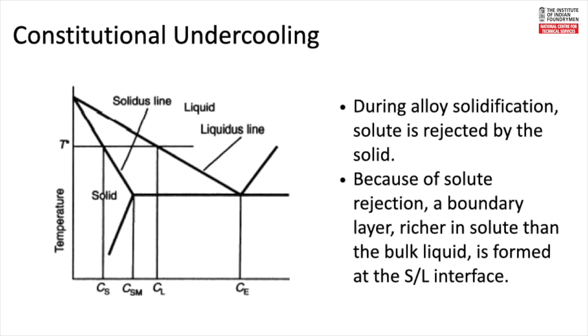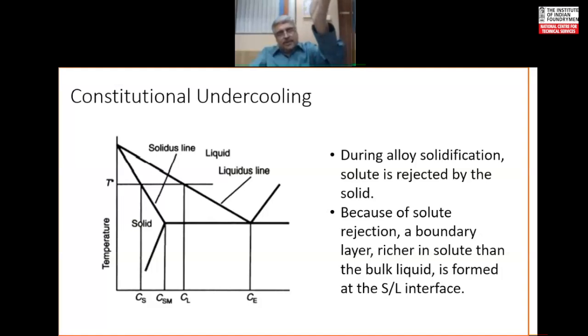Because of the solute rejection, the boundary layer near the nuclei, the particle which has formed, becomes richer in solute than the bulk liquid. And this process continues as the solidification goes from this point downwards. As the first solid comes out, more and more solute is getting into the remaining liquid, so its composition changes.